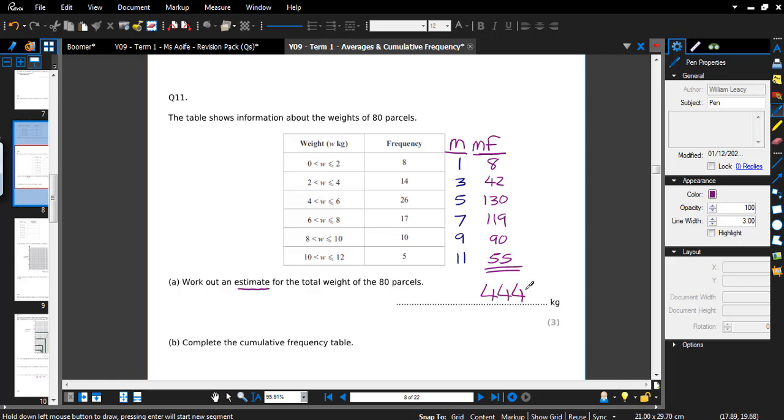Am I right there? I'll just do it by calculator. Yeah, 444.